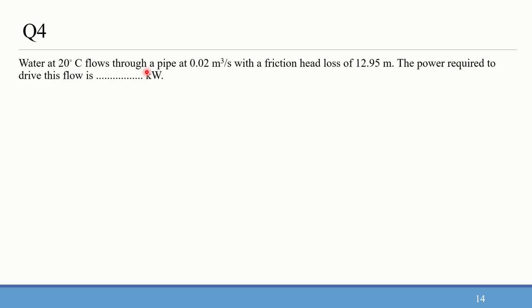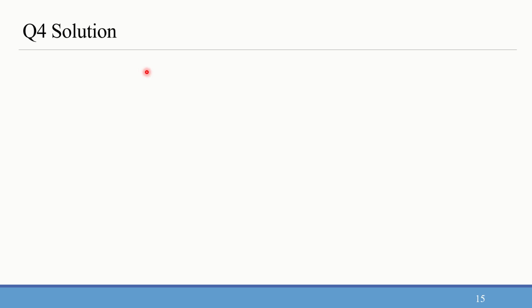So now what are we asked? We have to calculate the power required. So power is actually rho Q G HF. So rho is density of water, it is 1000 kg per meter cube and Q is given as 0.02 meter cube per second and G is 9.81 and HF is given as 12.95. So it is a direct substitution.